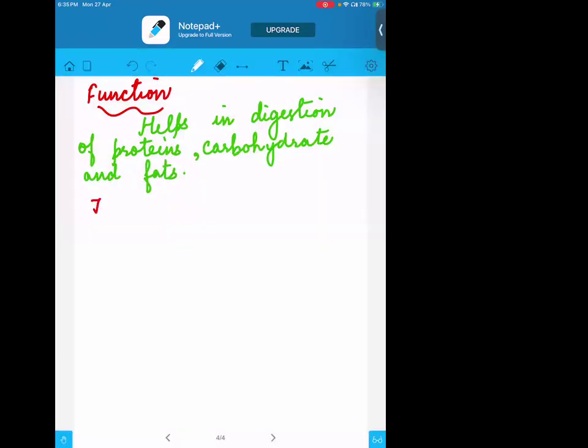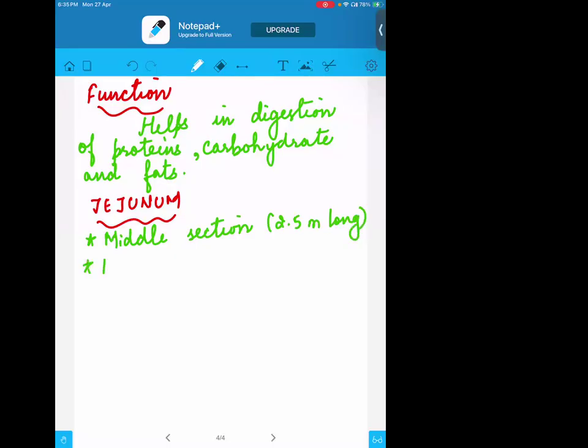Now, the second part of it is the jejunum. When we talk about the jejunum, basically it is the middle section. They are about 2.5 meters long, and they have many folds in them. Folds means, I think in your grade 7 you might have learned, villi will be there.